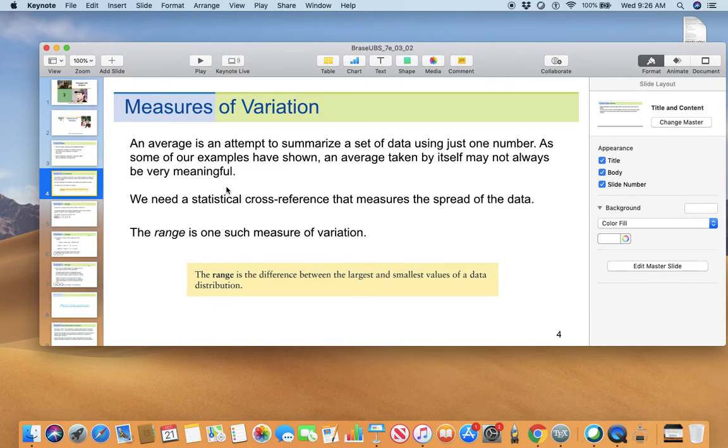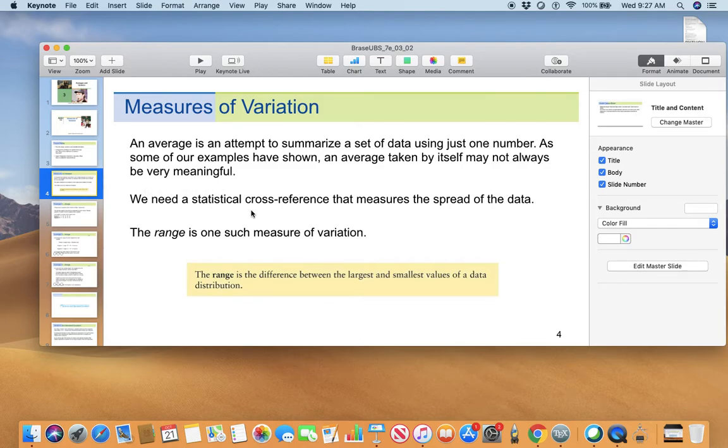Just giving me one number doesn't say much about the incomes of people living in my neighborhood. Mean is just one number, median is just one number, mode is just one number. So what does it say about the incomes of people living in my neighborhood?